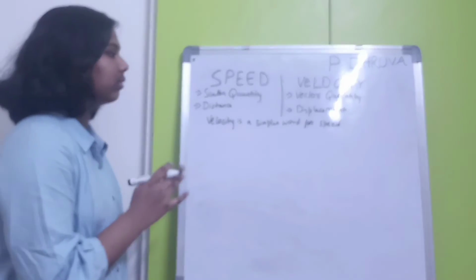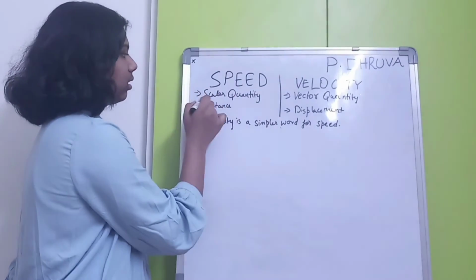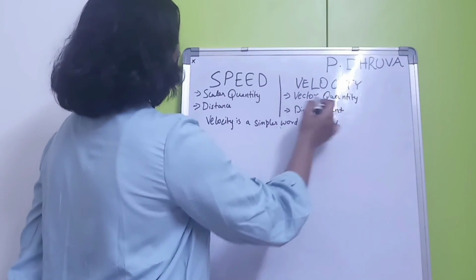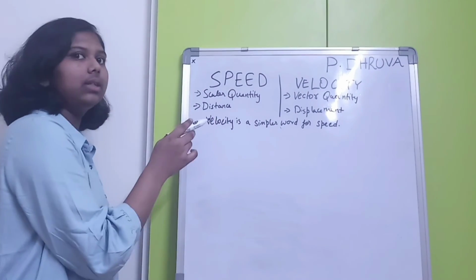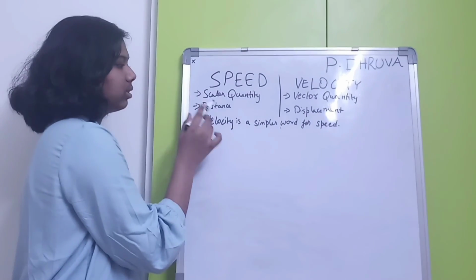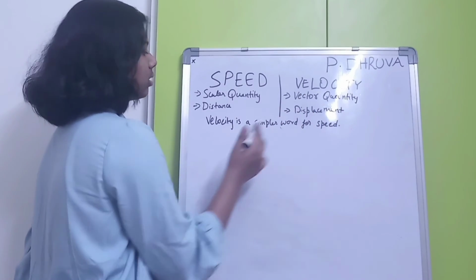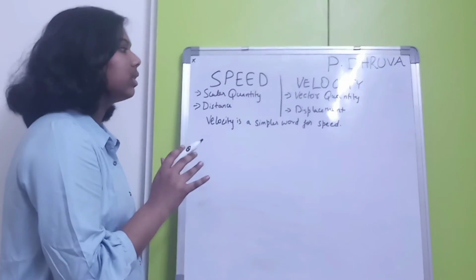Velocity is a simpler word for speed, and speed is a scalar quantity, velocity is a vector quantity, and in the formula we use distance for speed and displacement for velocity.